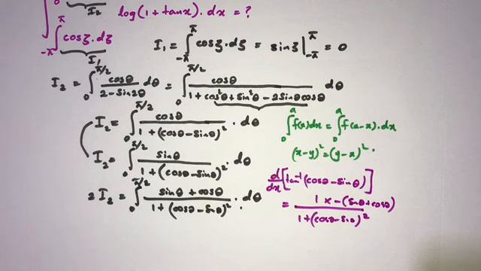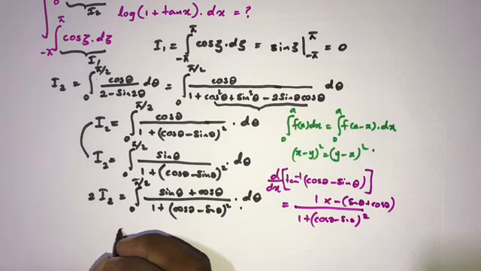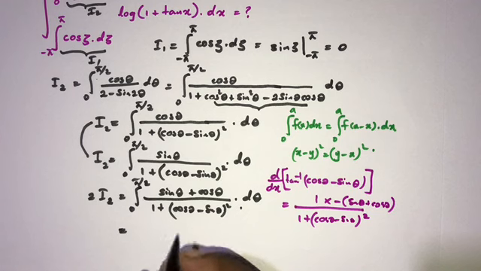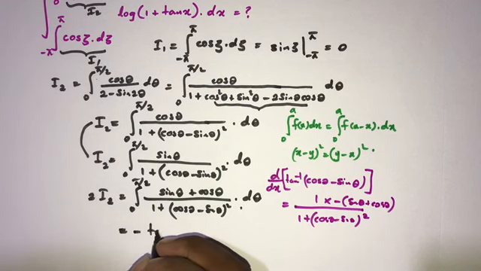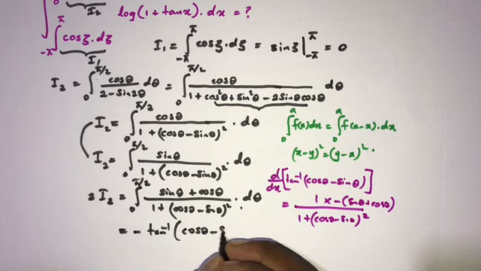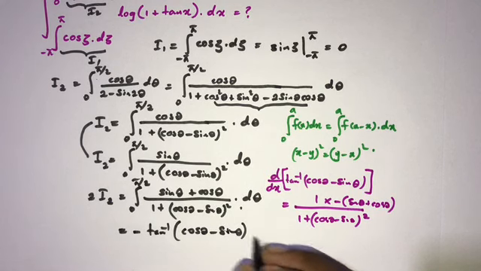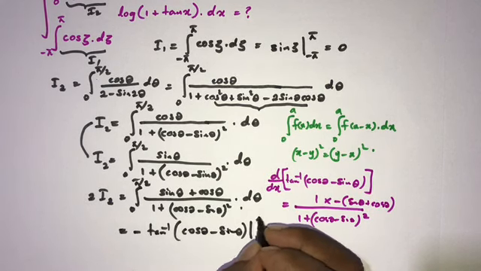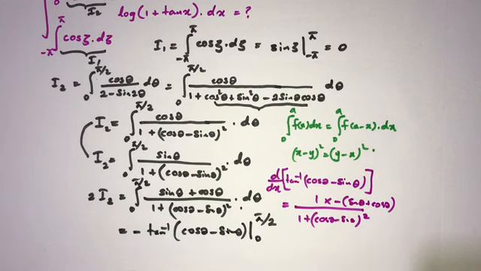Therefore we can write our integral, this is equal to, here minus sign, so minus inverse tan of cosine of θ minus sine of θ from 0 to π over 2.